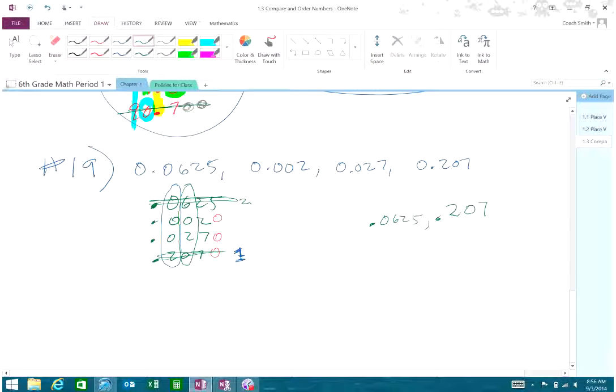So which is larger, 0 or 2? 2. So this is my third one, and that is 0.027, which means 0.002 is the smallest. And that would be your answer.